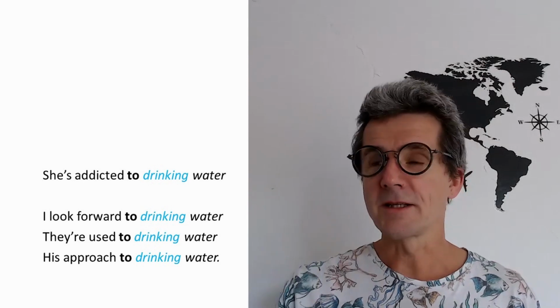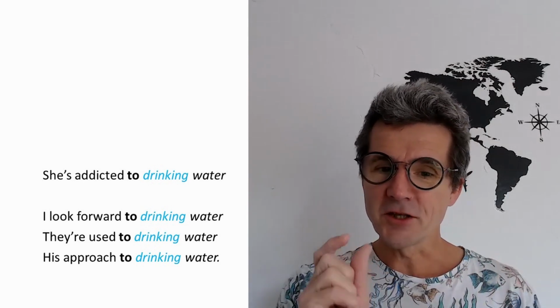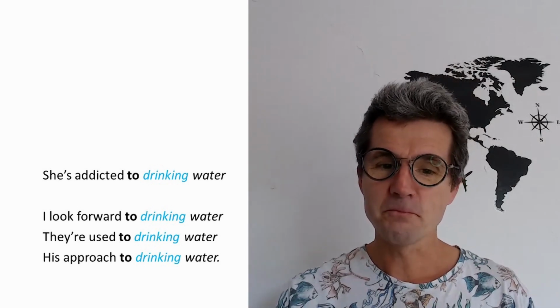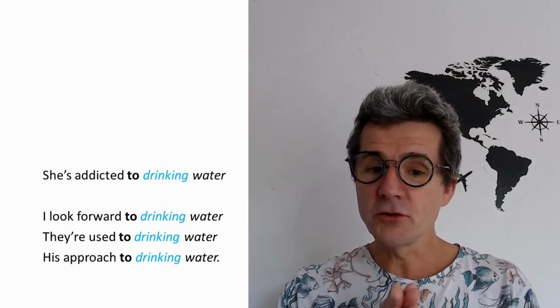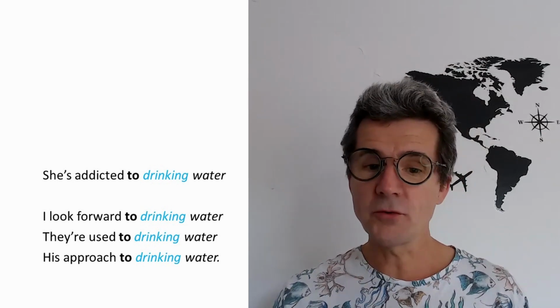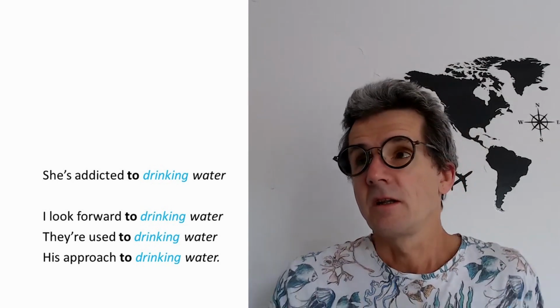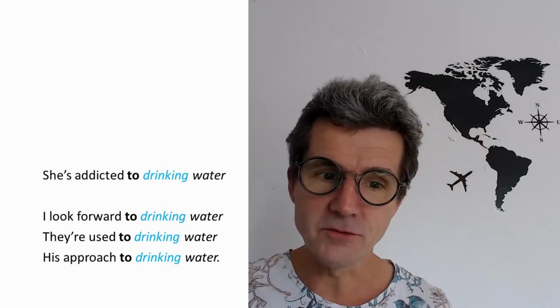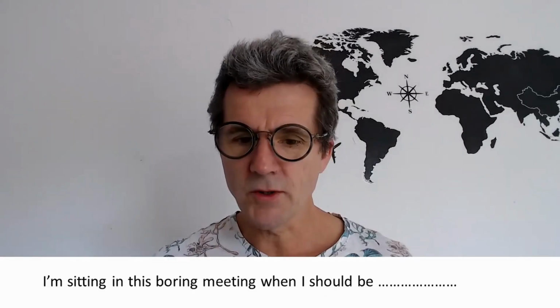And those ones will take a type 1. But here, the to is a preposition, so it wants a type 4. And we got other tos that are prepositions here. So I look forward to drinking water. They're used to drinking water. His approach to drinking water. Which type do you add to this one?